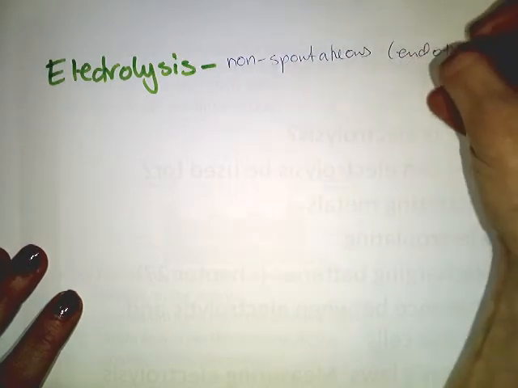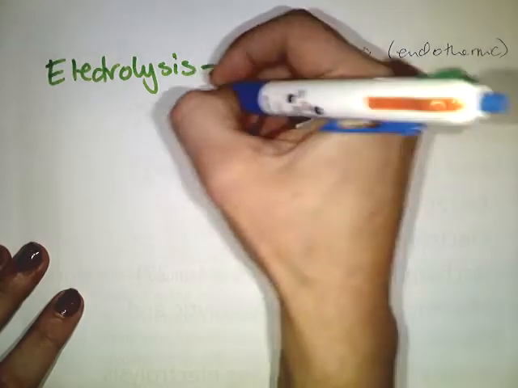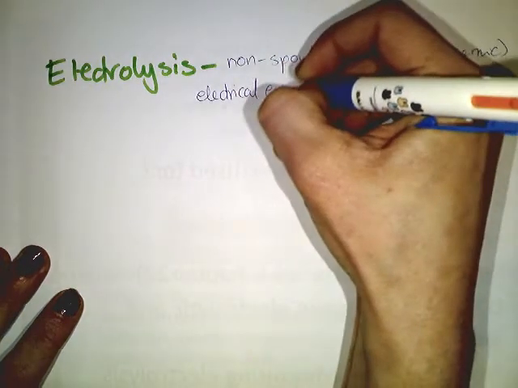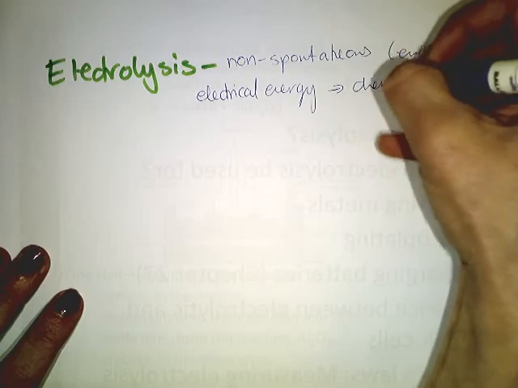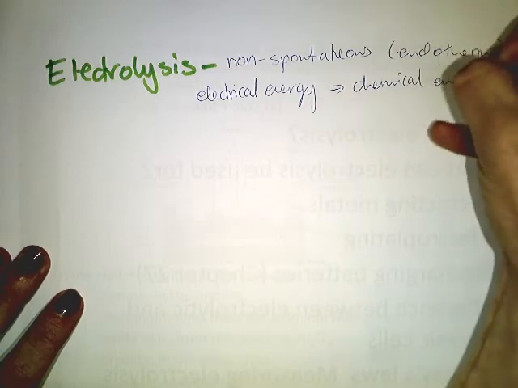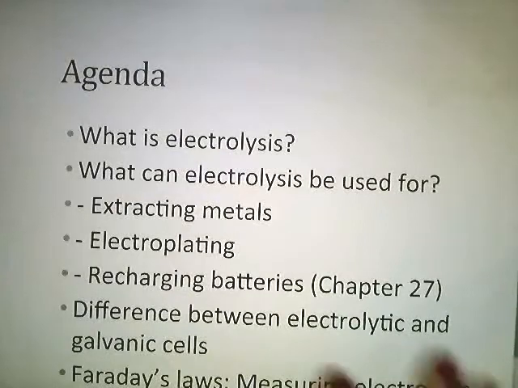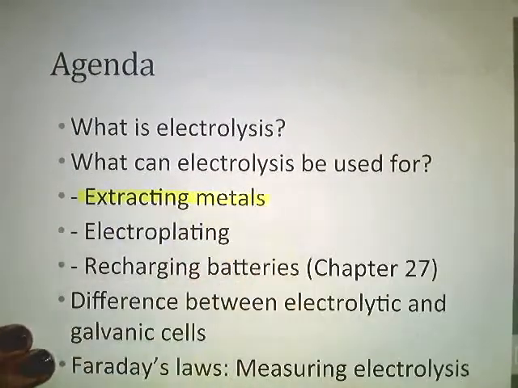Endothermic, we know this because we require the input of energy in the form of electrical energy, and we convert that into chemical energy. We make chemicals. Now, why might we want to do this? Three reasons.